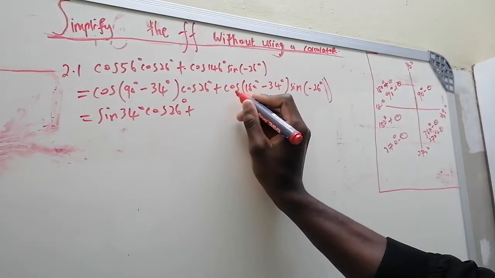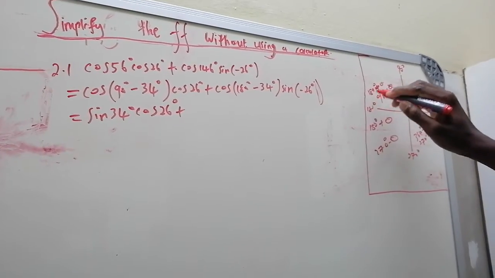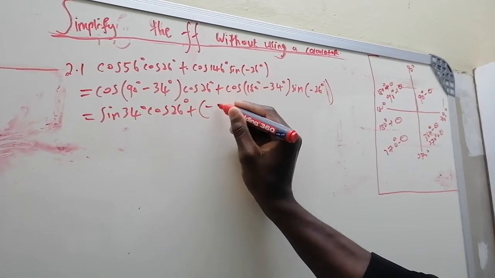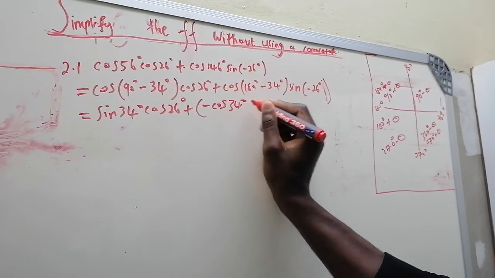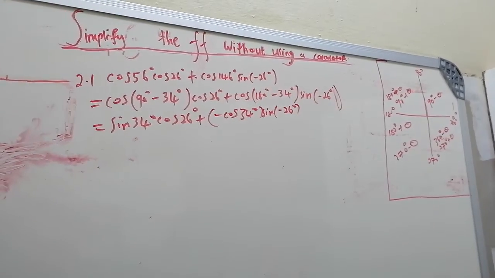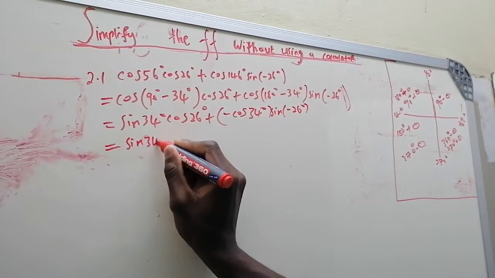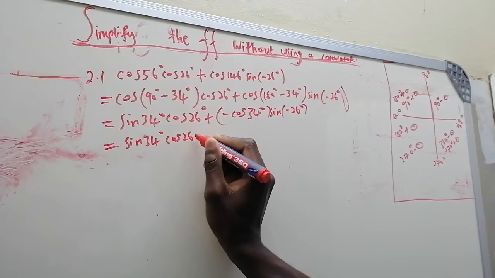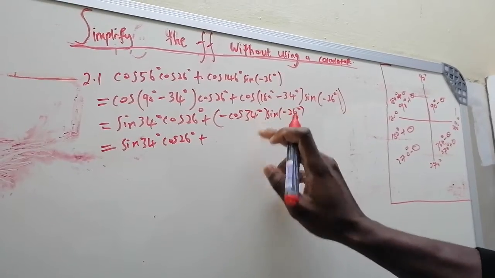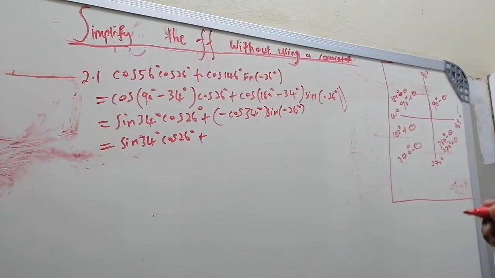Therefore, here cos into 180 degrees minus 34 is in the second quadrant, since here we have 180 degrees minus theta. Therefore, cos is negative in the second quadrant. Therefore, that's negative cos 34 degrees, sine into negative 26 degrees. Therefore, we have sine 34 degrees cos 26 degrees plus negative cos 34 degrees times sine into negative 26 degrees.